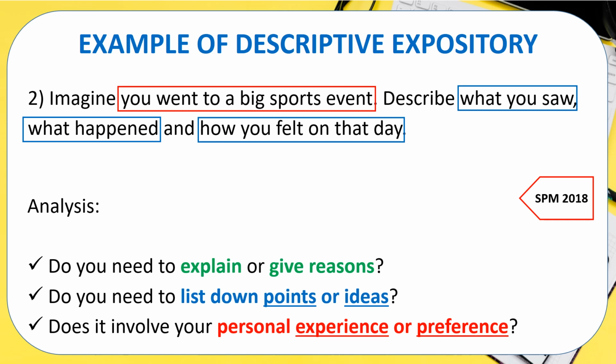So what you saw and then what happened, and then during the match, what happened in the match. Maybe you get lucky, or there is a problem, and then there will be solutions, right? And then how you felt throughout the experience. So you can give plot to descriptive expository.